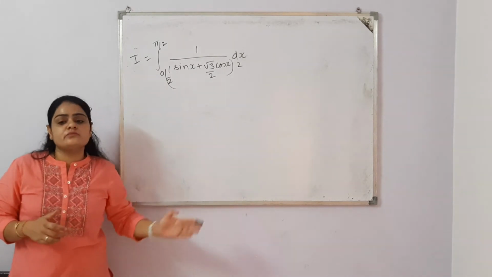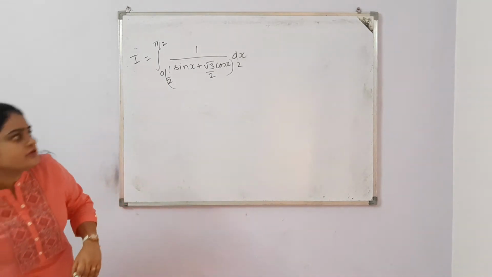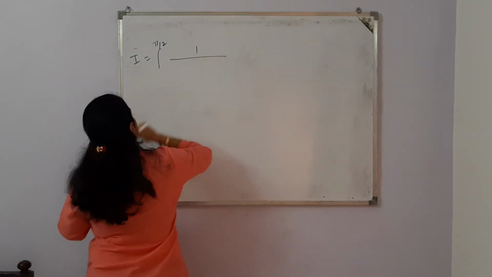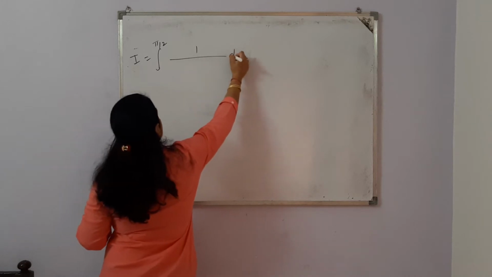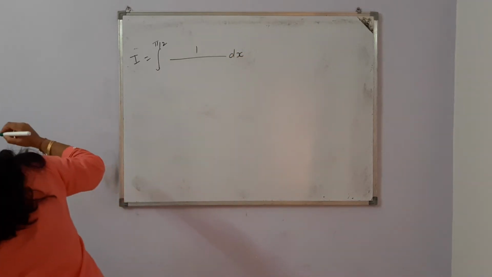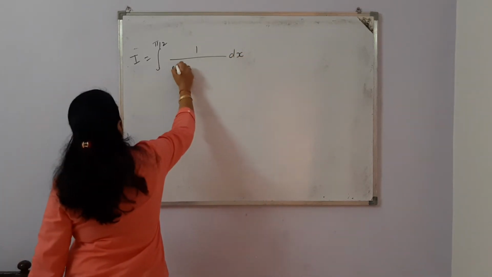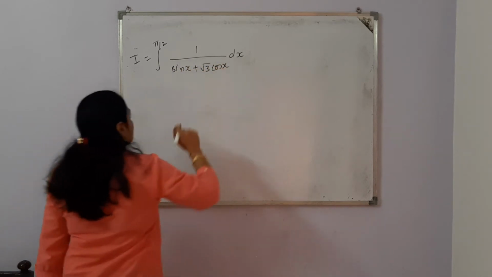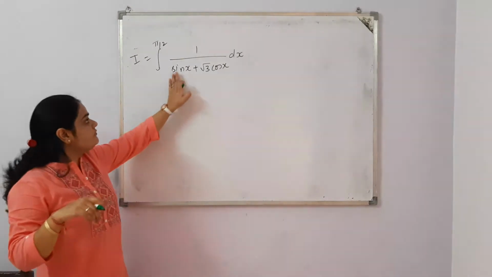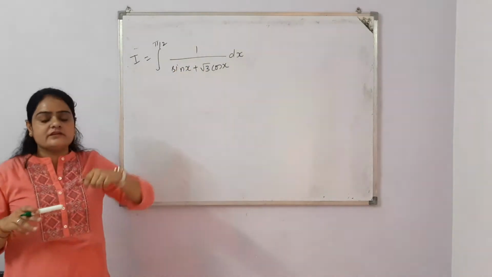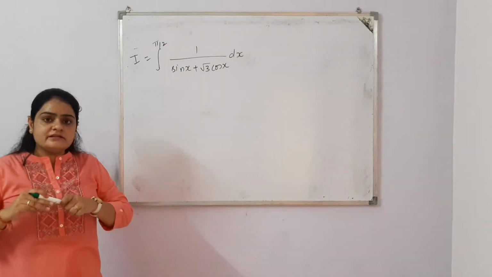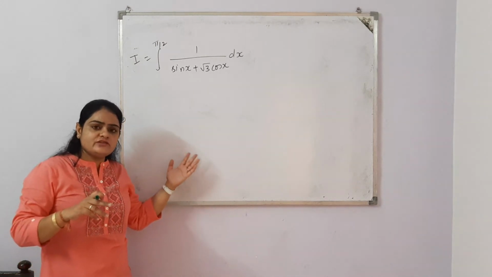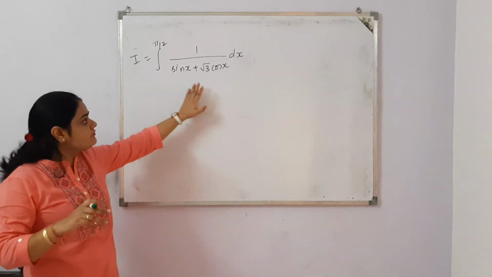Another criteria is by substitution. I am doing this question by substitution. So this is in the form of 1 upon a sin x plus b cos x. We already learned this in the last 2 or 3 videos, where I explained this type of question.